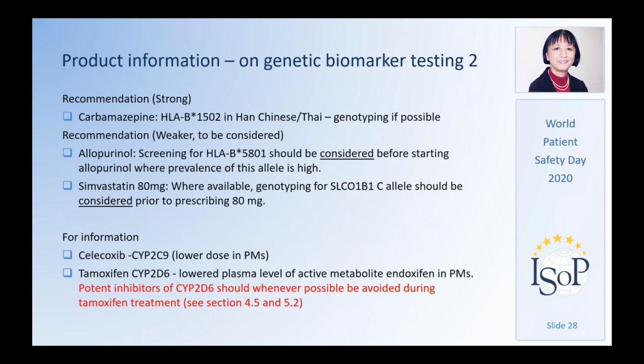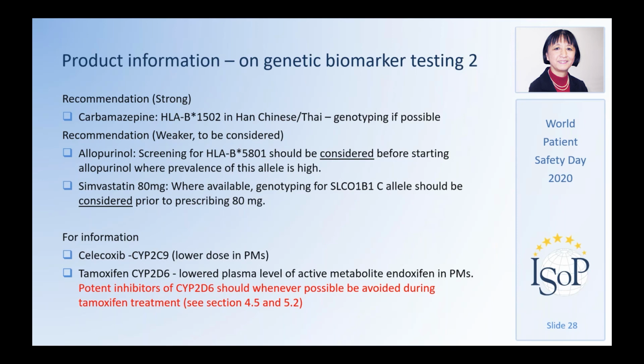Here are some examples of recommendation using genetic biomarkers. For carbamazepine, the recommendation is quite strong. It says for the HLA-B 1502 allele in Han Chinese or Thai populations, genotyping should be done whenever possible.